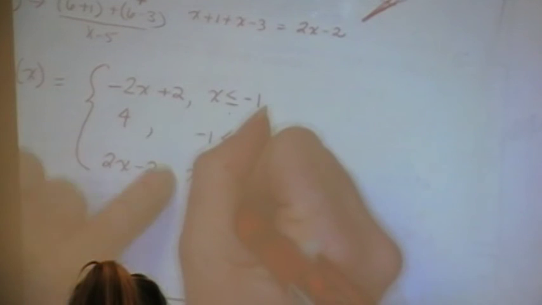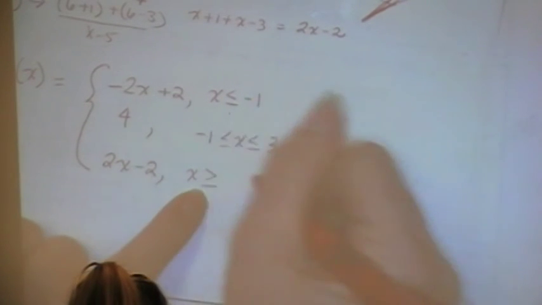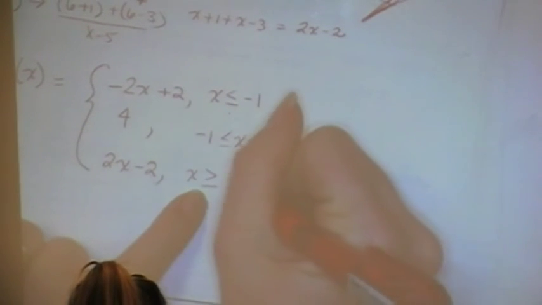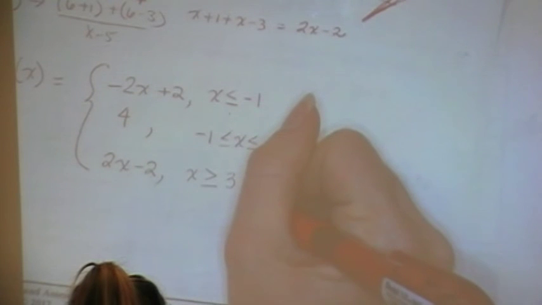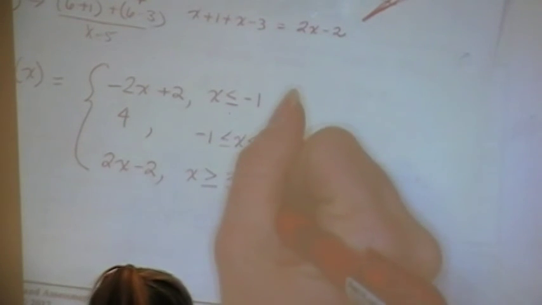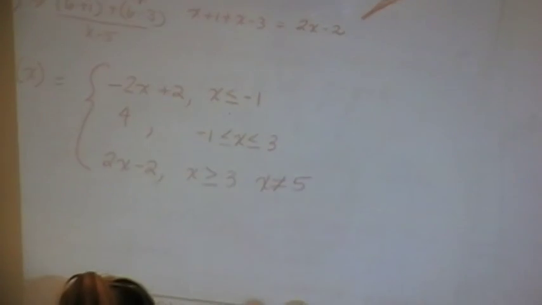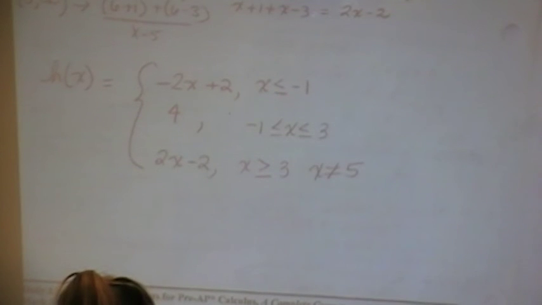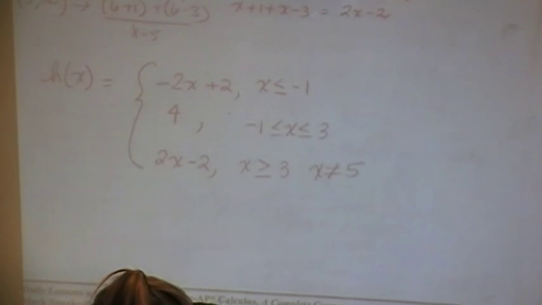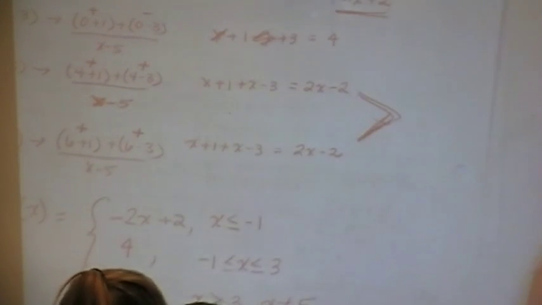So this is where x is greater than or equal to 3, but x cannot be 5. I'm going to write x cannot equal 5. That way we know it's x is greater than 3, every number but 5. And that's why we had to remember that this 5 was in there. Is everybody okay?